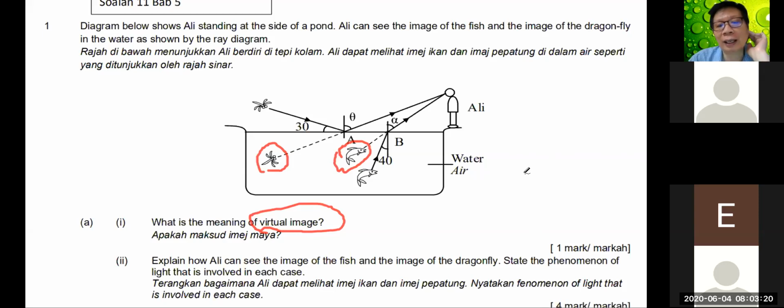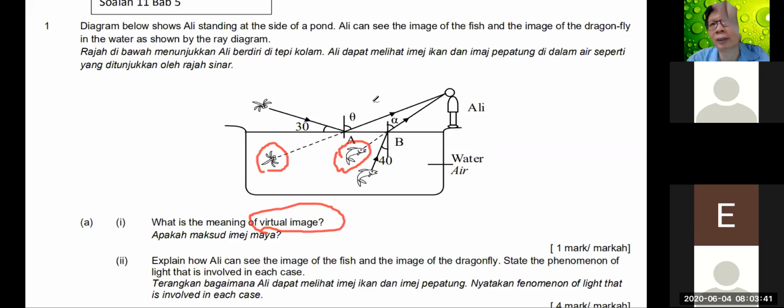No, okay, the answer is like this. Virtual means the image cannot be projected on the screen. Meaning that you cannot project or capture the image on the screen. That is called virtual. A real image is an image that you can capture on the screen.